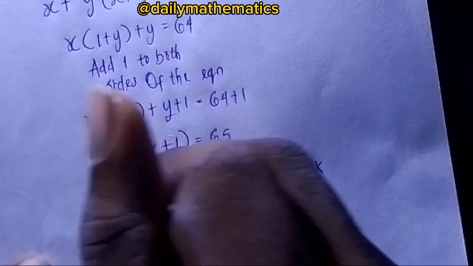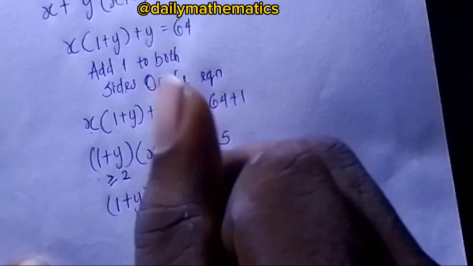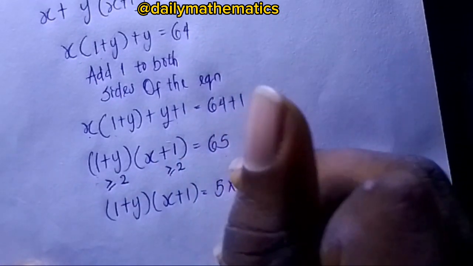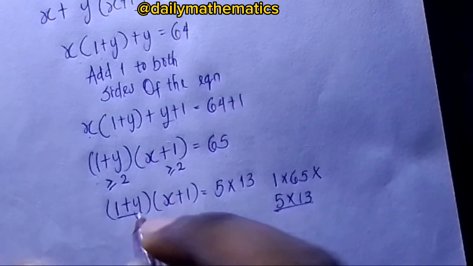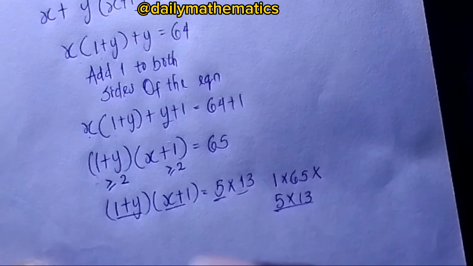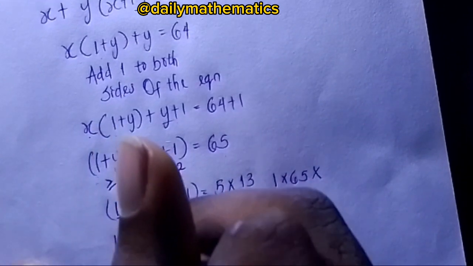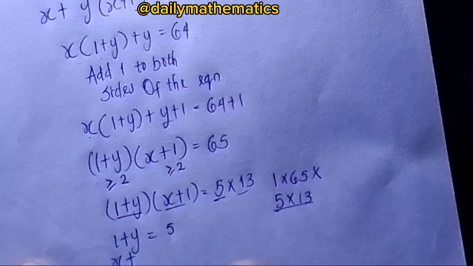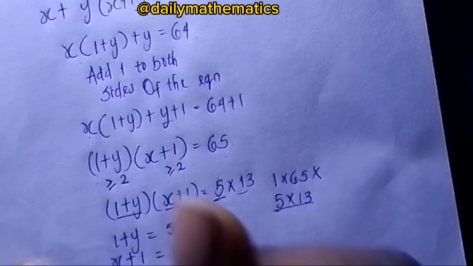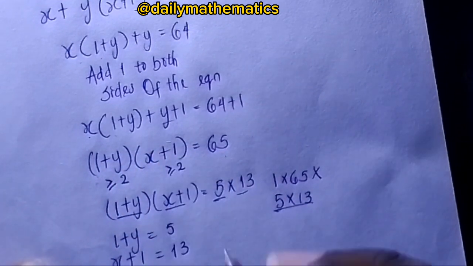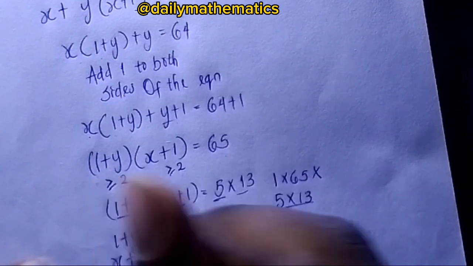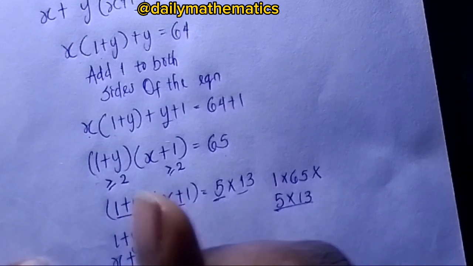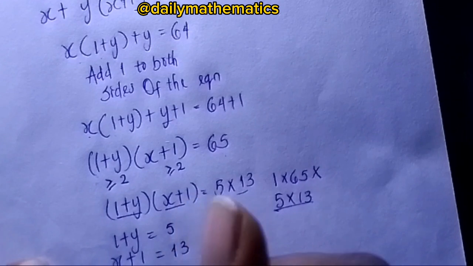So we use 5 times 13. 1 plus y equals 5, and x plus 1 equals 13. From 1 plus y equals 5, y becomes 5 minus 1, so y equals 4.